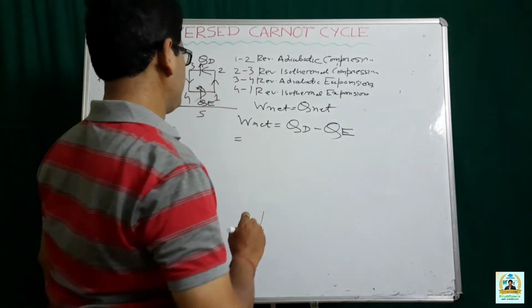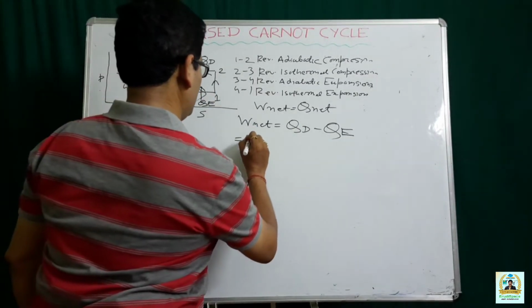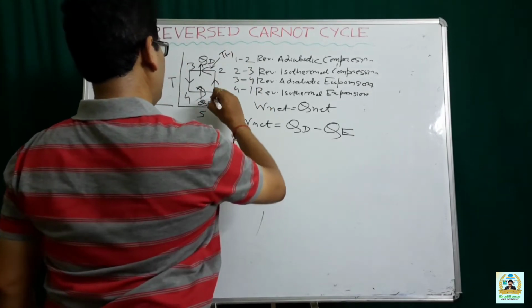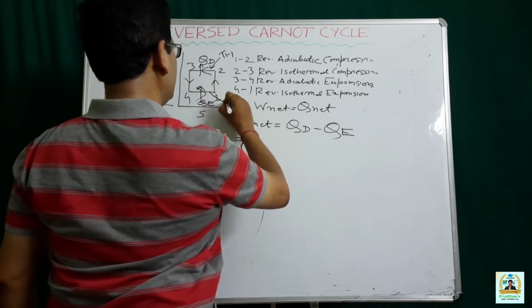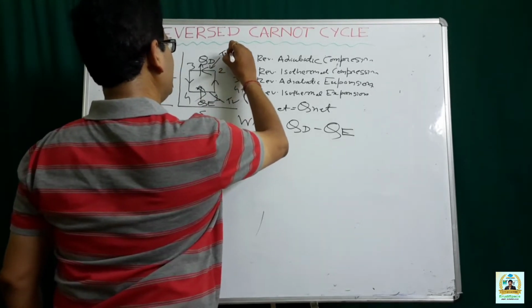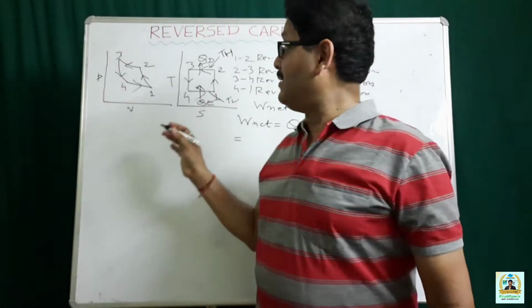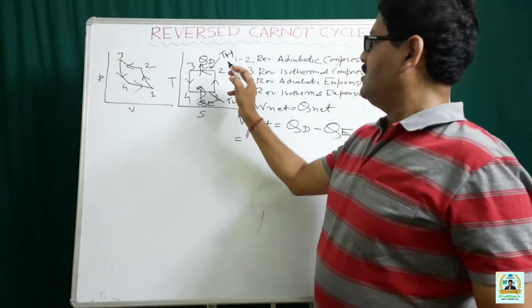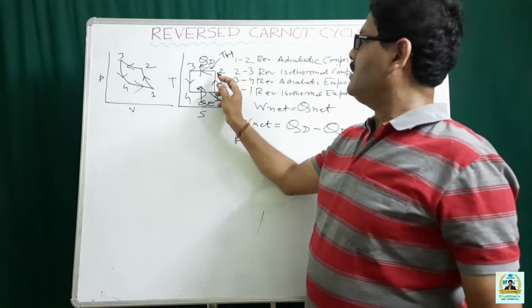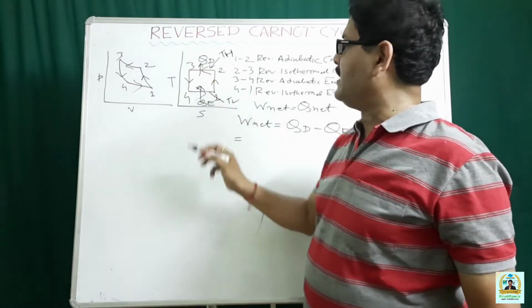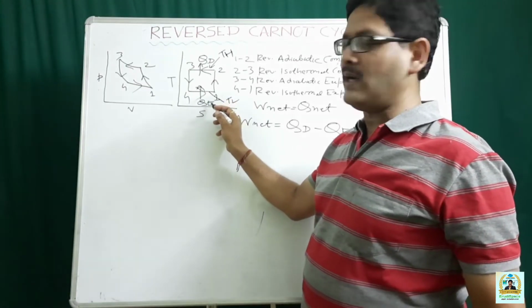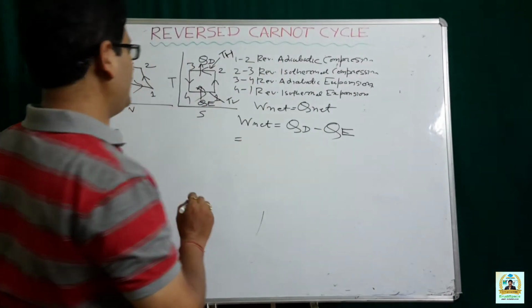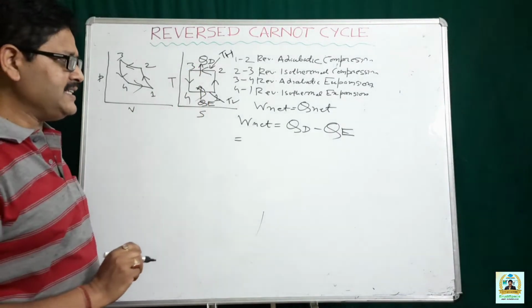So that is equal to, let this temperature be TH, the higher temperature, and this be TL. Here I am deliberately using temperatures TH and TL because the temperature corresponding to point 2 is the same as the temperature corresponding to point 3, and the temperature corresponding to point 1 is the same as the temperature corresponding to point 4. So to avoid that confusion, I am using TH and TL.